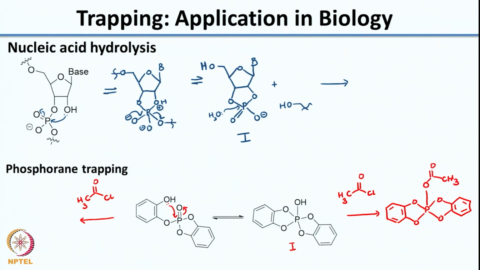Now once this acylated derivative is formed, it is not very easy for this to go back to your starting compound. So, what was seen was in both these cases the corresponding acylated products were isolated.